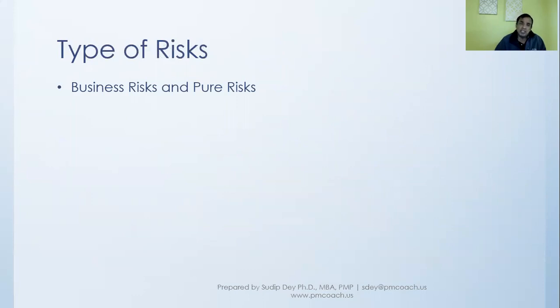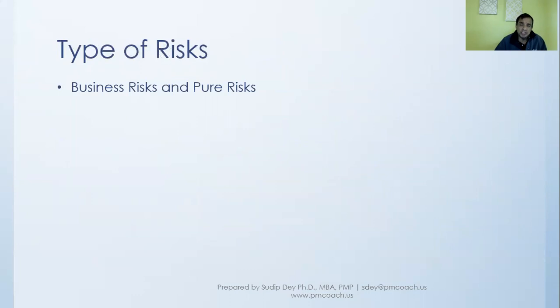Business risks are risks that we consciously take up in the course of the business because we see there is a benefit that is going to come out of that particular project, effort or initiative. And though there are risks, we consciously take them because there is some business benefit.